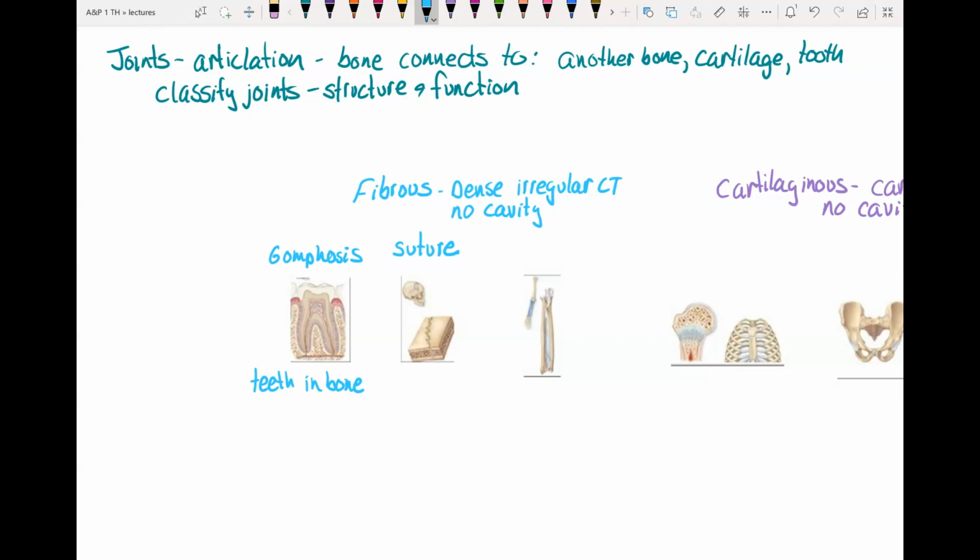This is where two bones are kind of fused together, for example, your skull. In a baby, the skull bones are separate from each other and they can actually move. That's how babies have that cone head when they're born. As you mature, those skull bones suture together and then they no longer move. So by the time you're an adult, your skull bones can't move.